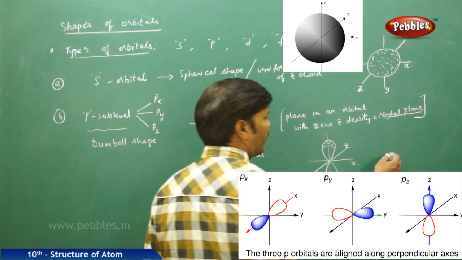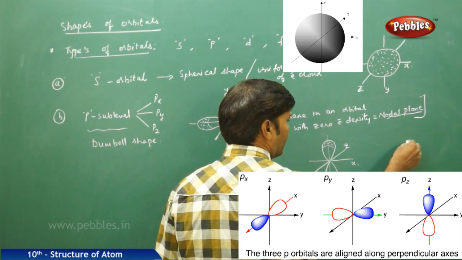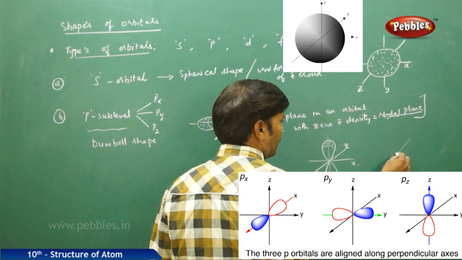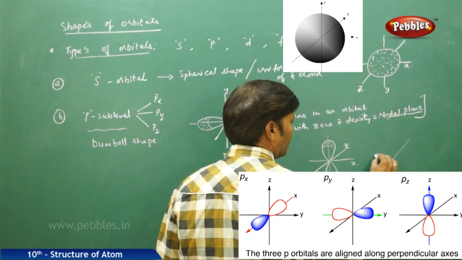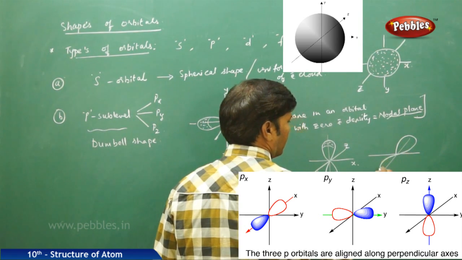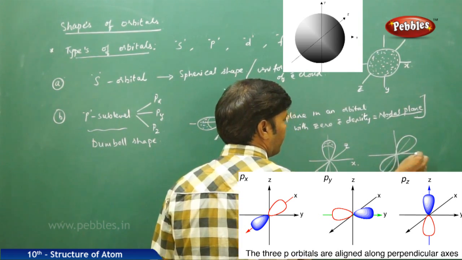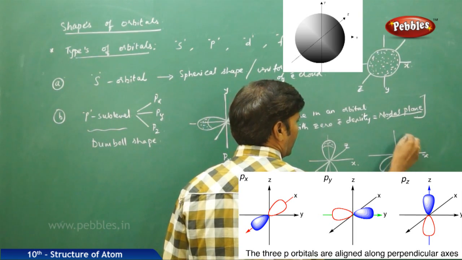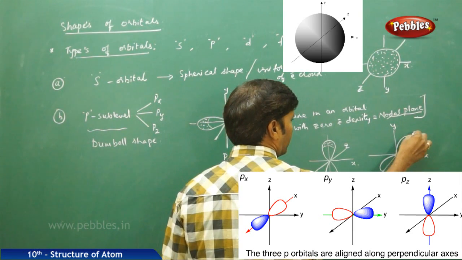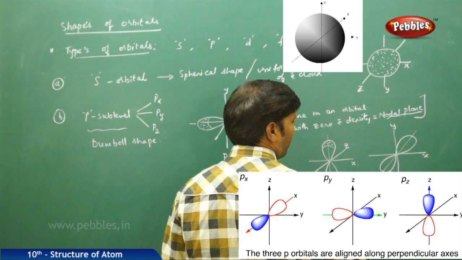Likewise, if you go for pz orbital, this is x-axis, this is y-axis and this is z-axis.